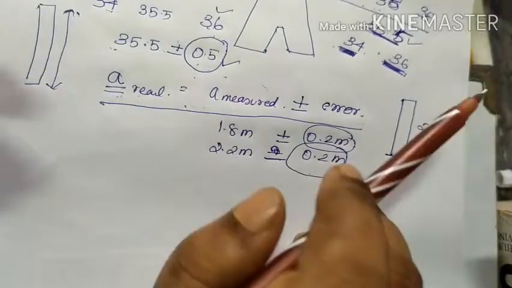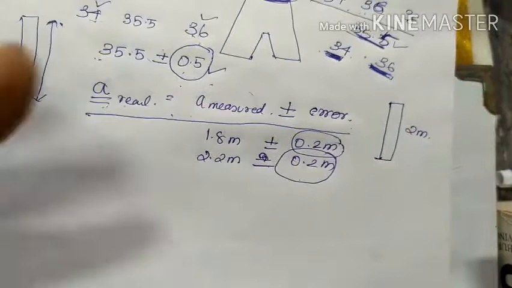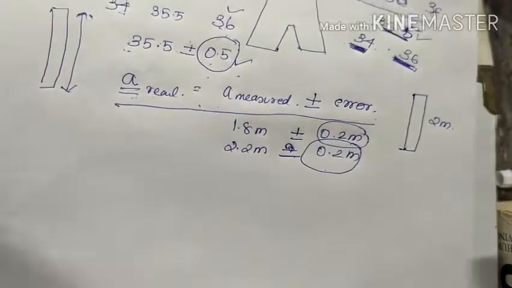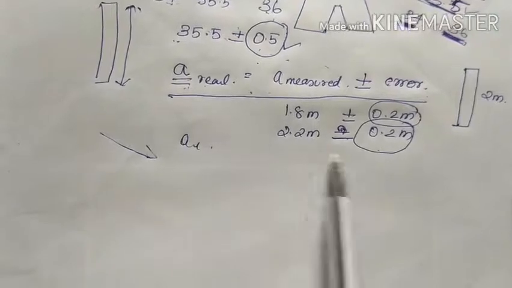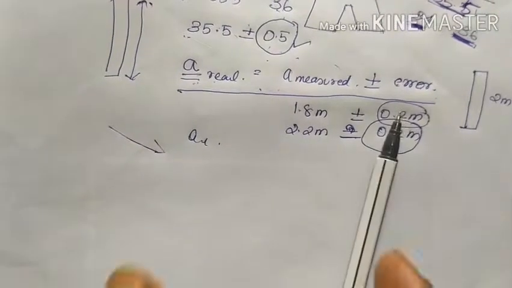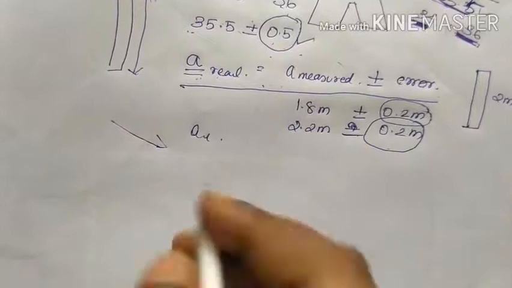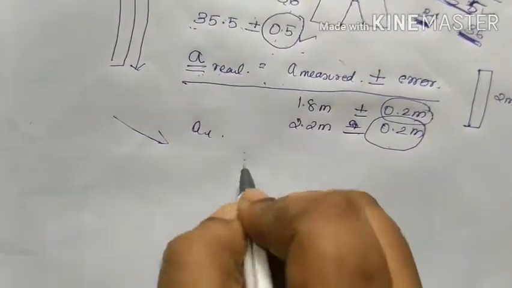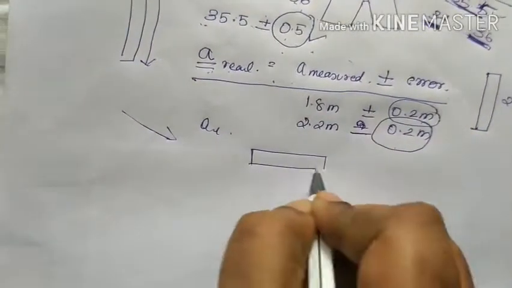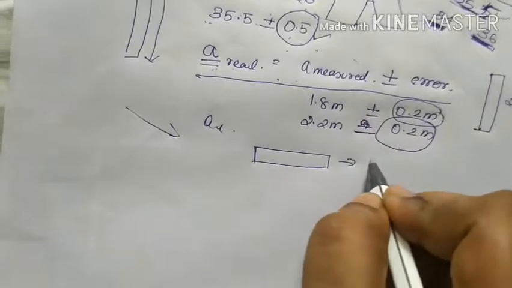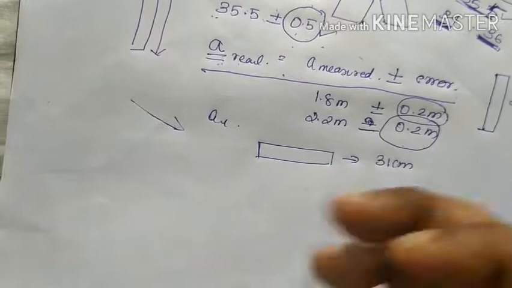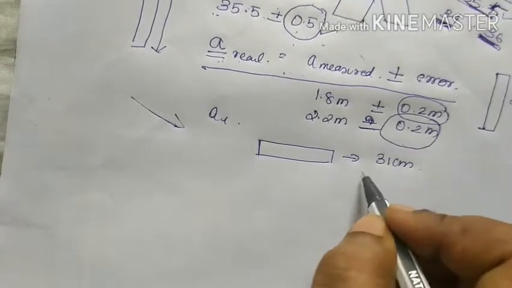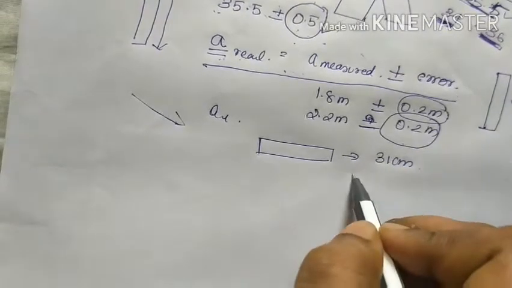The error can be greater or it can be less. Either way, it is clear that this applies to any measurement or any device. Just like the previous day, suppose a company releases a pen and says the length of the pen is 31 centimeters, but the measurements we take can vary.